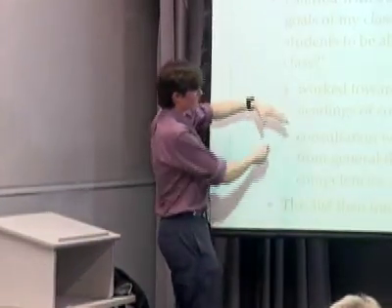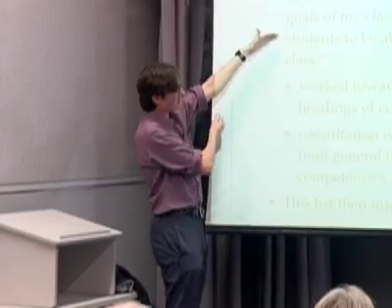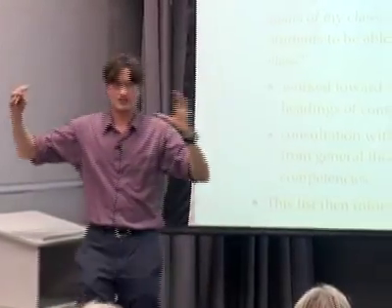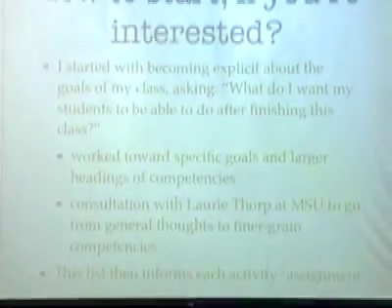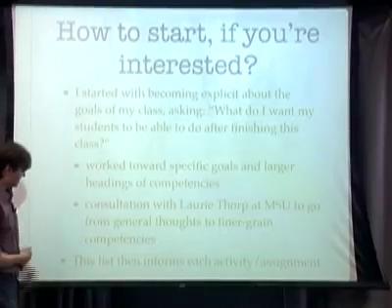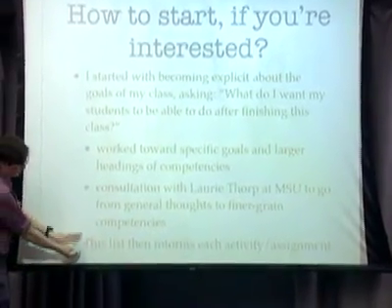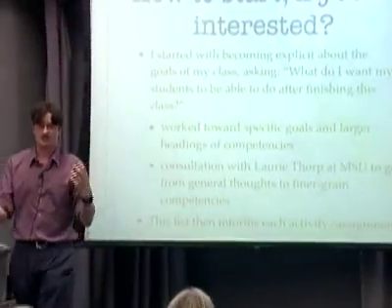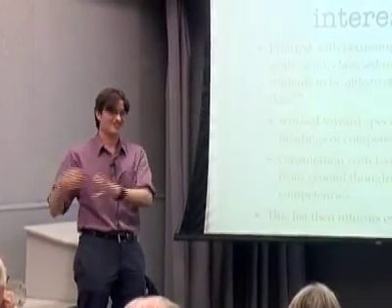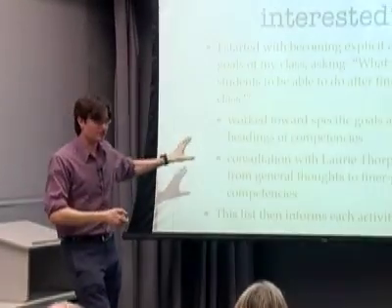Once I have these questions fleshed out, I work towards the specific goals, the larger groupings, which I showed you, and then the more specific components of those larger groupings. And then that list, as I've been explaining, becomes the basis on which I develop the activities and assignments. And again, we compare those activities to see if they're going to be helping develop those goals.